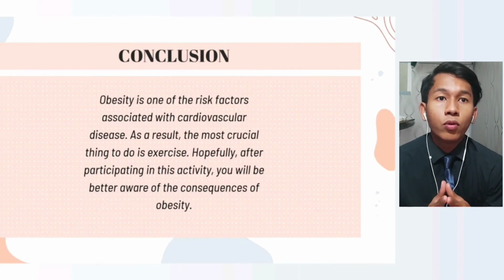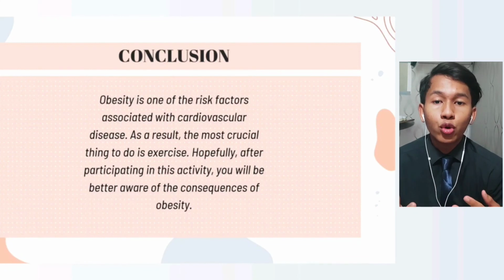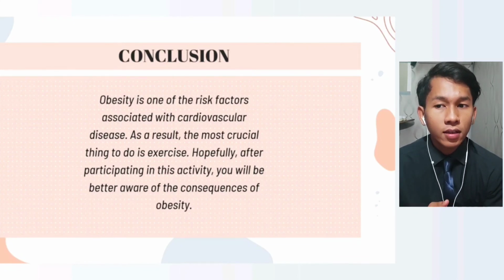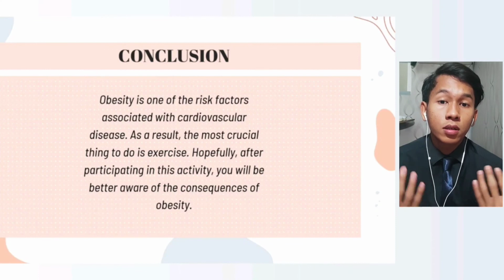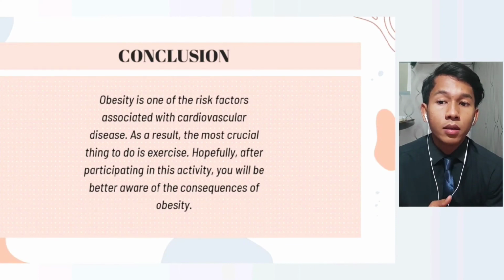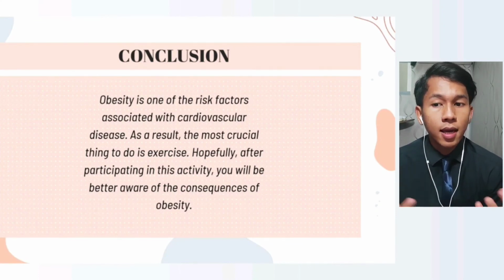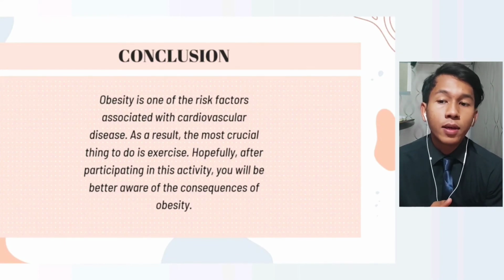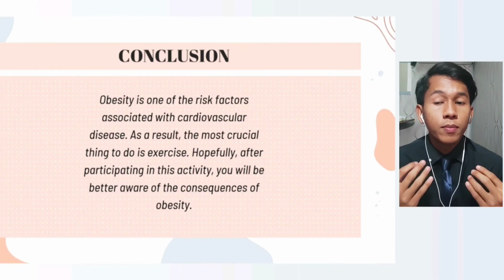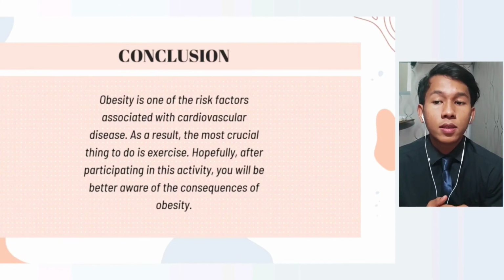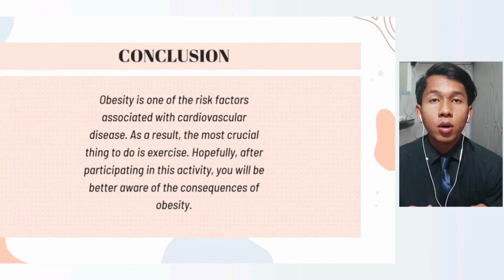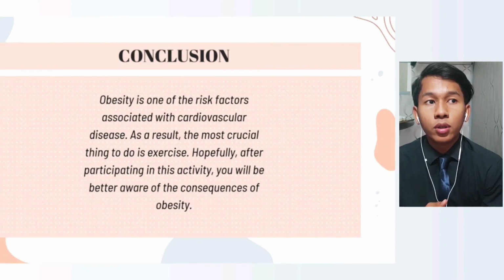From our presentation, what we can conclude is that obesity is one of the risk factors associated with cardiovascular disease. As a result, the most crucial thing to do is exercise. Hopefully, after participating in this activity, you will be better aware of the consequences of obesity, because mostly people will ask the obesity population to have a good diet plan or good diet intake to make them healthier.